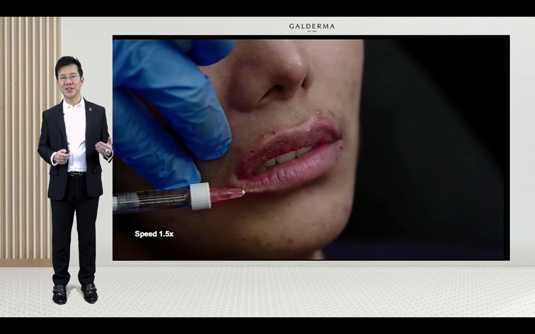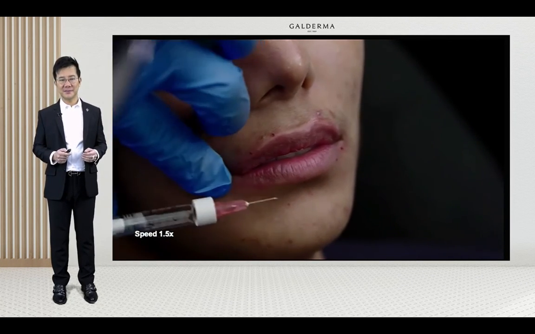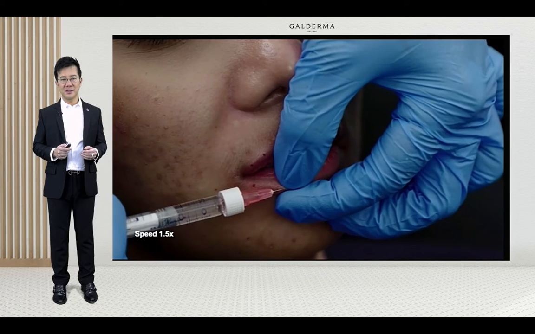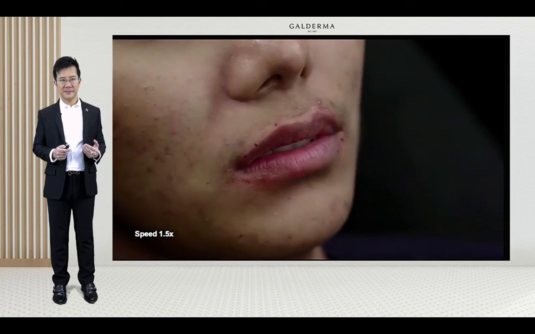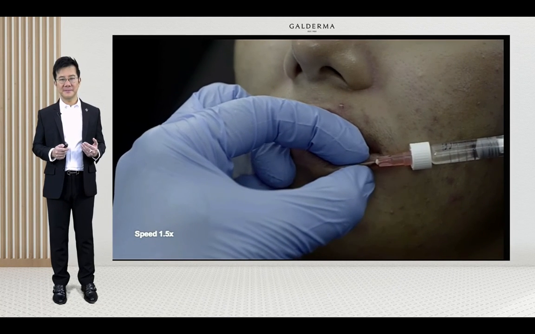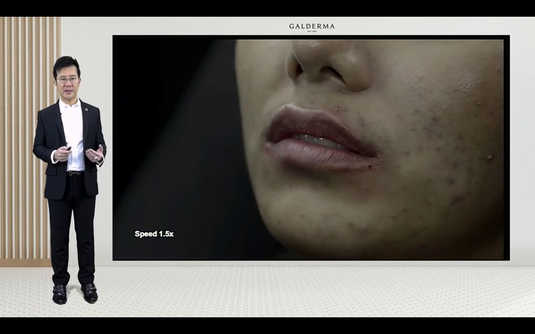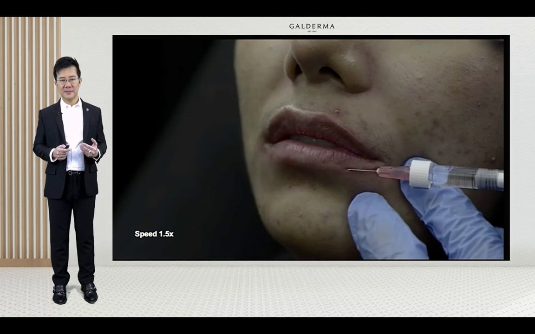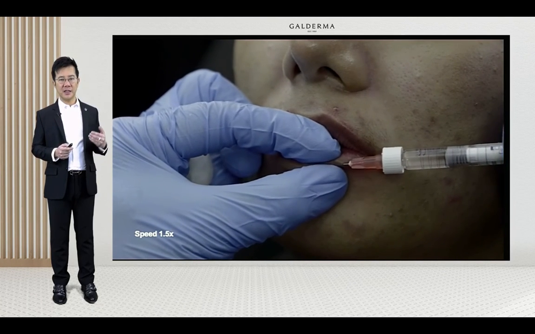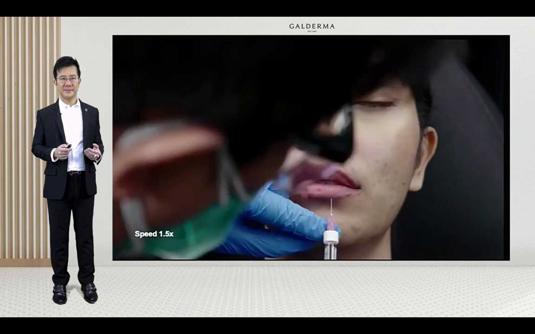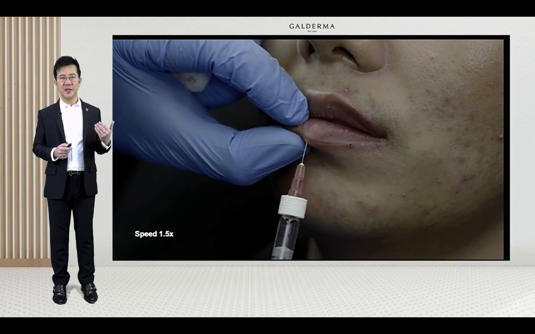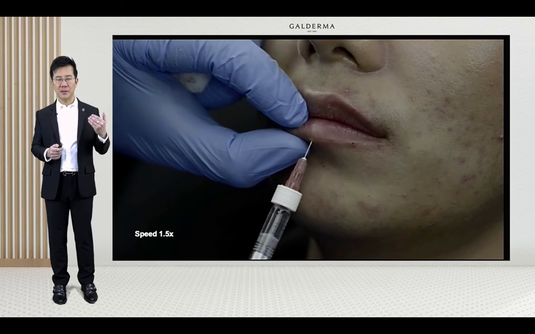Then I inject the vermilion border superficially, and use 2 fingers to control the product. See, I go superficially and inject slowly, retrograde, and dry vermilion of the lower lips to create a small medial bulge here.